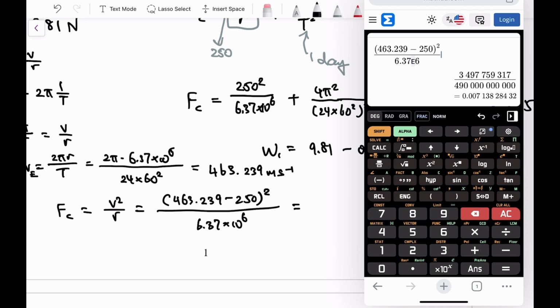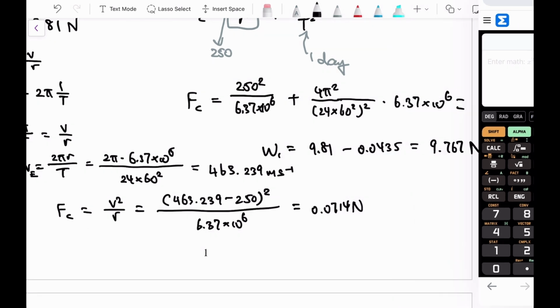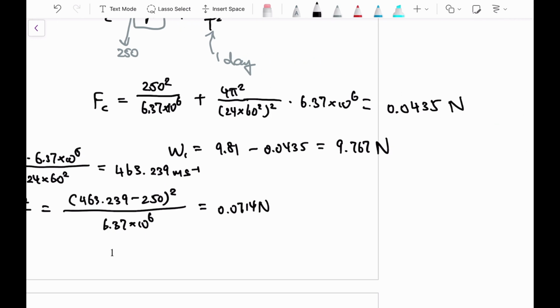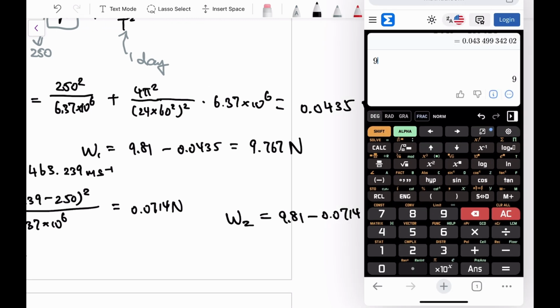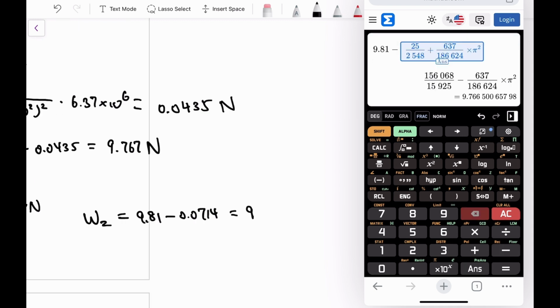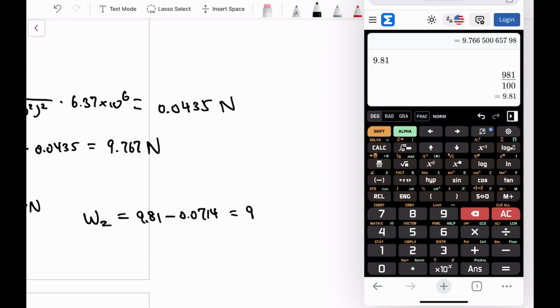And it gives us 0.0714 newtons. Now, then we will be able to calculate W2, which is equal to 9.81 minus 0.0714. Okay, so it's 9.739 newtons.